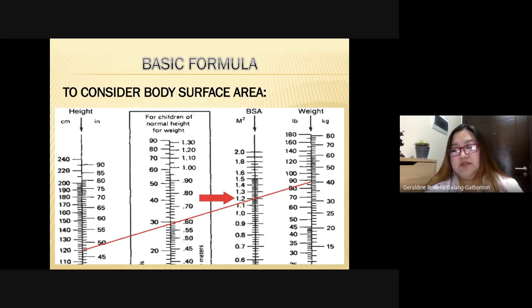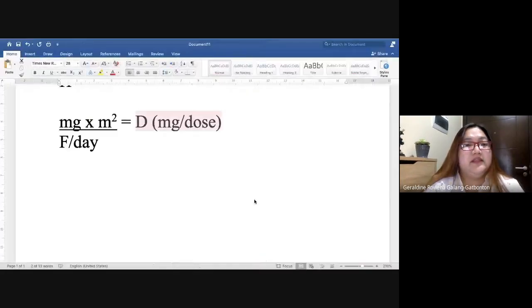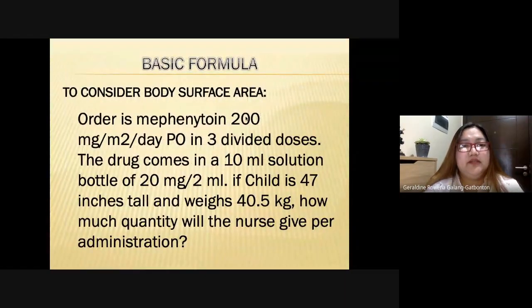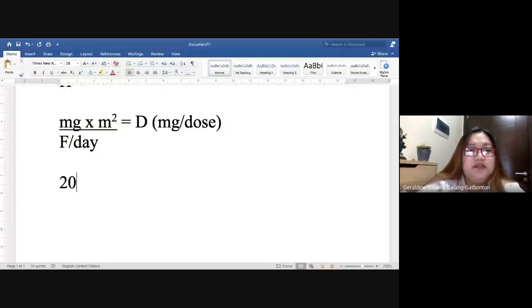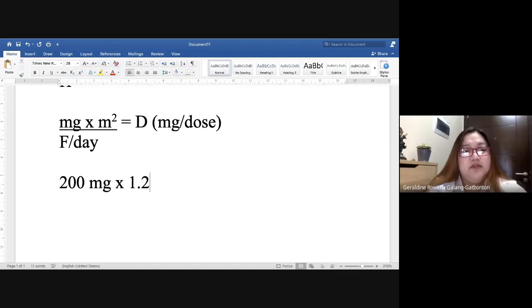Okay, so let's now go over the formula. mg, 200 mg per m squared per day. So, 200 mg times m squared. Ano nga yung m squared na nakuha natin? 1.2 meter squared.